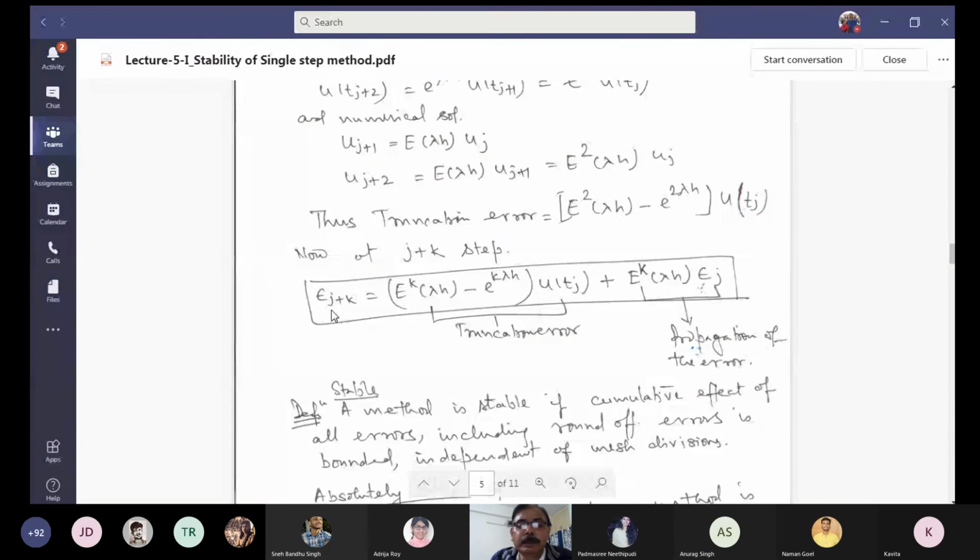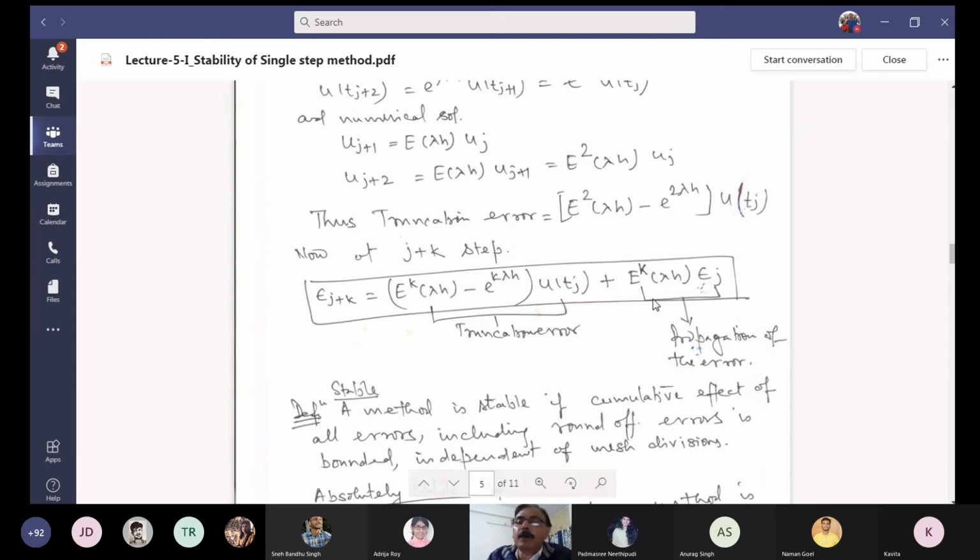So for the kth stage, epsilon j plus k, the error committed at the jth stage will be propagated as e to power k lambda h epsilon j. Are things clear up to this point? Yes, sir. Now you have to understand that you are committing some error at the jth stage which is getting propagated at every further stage.